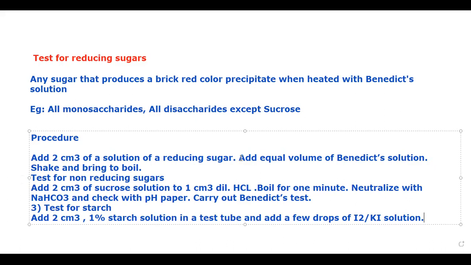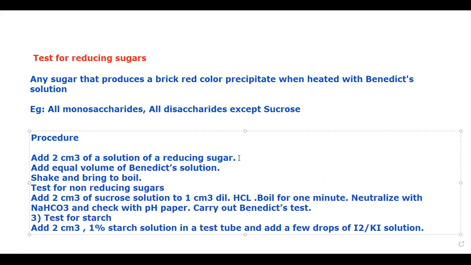But the normally available, easy material is glucose solution. Add an equal volume. That means you are taking 2 cubic centimeter of reducing sugar, so how many cubic centimeter of Benedict solution will you add? 2 cubic centimeter.